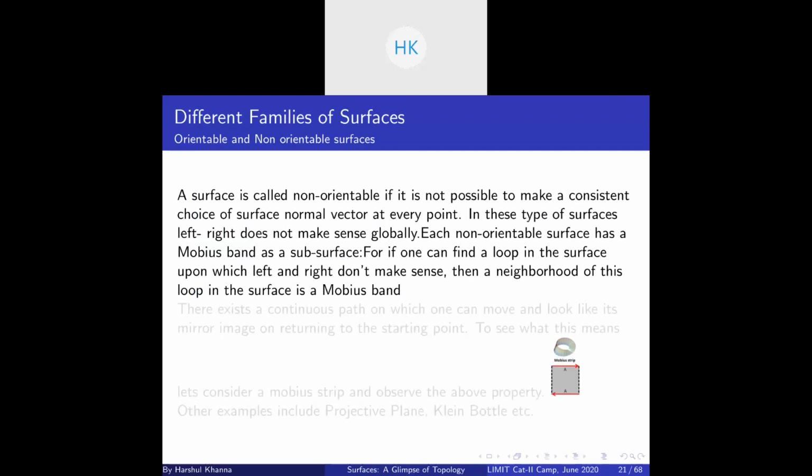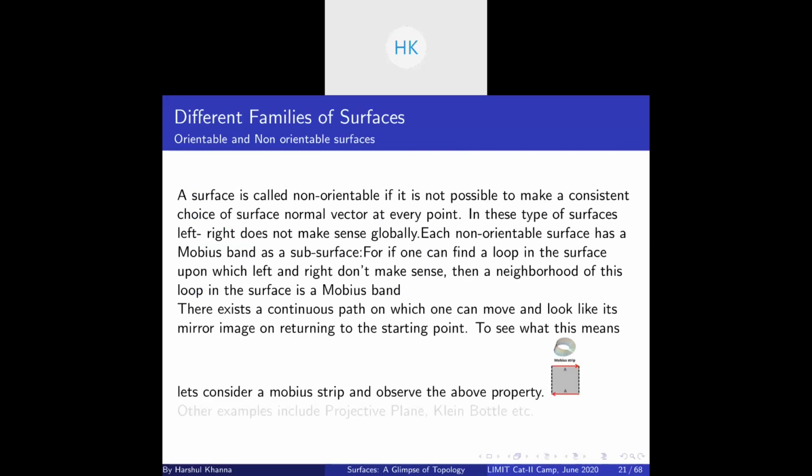A consequence of this is that left and right do not make sense globally. An equivalent definition is that there exists a continuous path on which one can move and look like one's mirror image on returning to the starting point. Some examples we gave were the projective plane and the Klein bottle. One more fun fact I stated was that every non-orientable surface has a Mobius band as a subsurface.